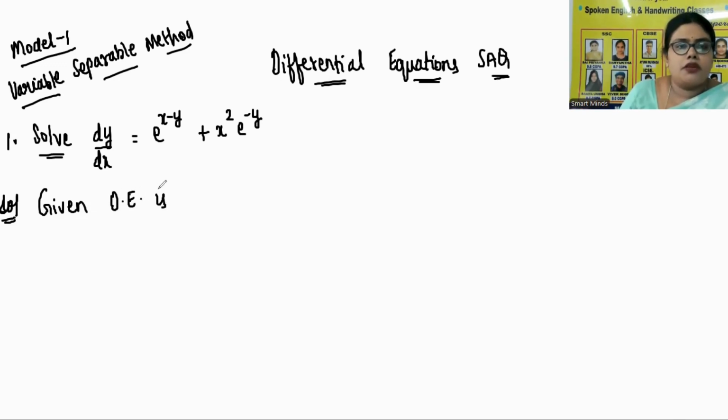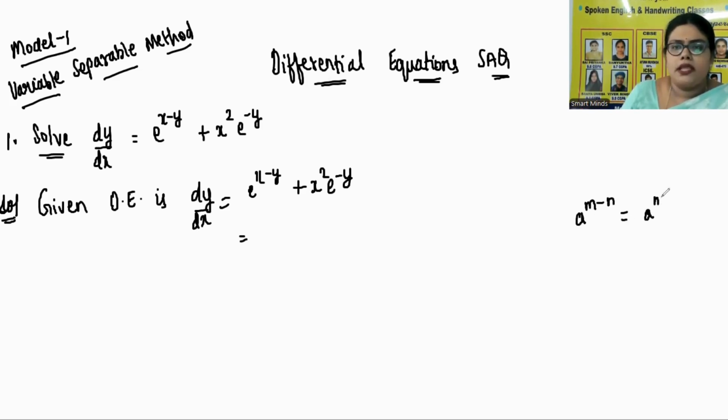Given differential equation is dy by dx is equal to e power x minus y plus x square e power minus y. Now from the laws of exponents, we know that a power m minus n can be written as a power m by a power n.